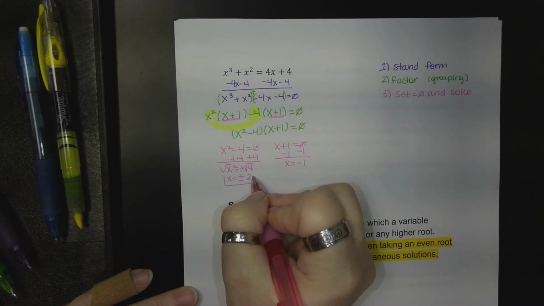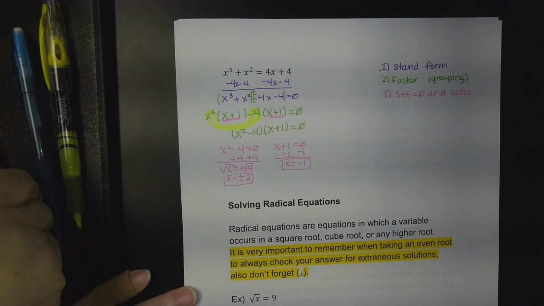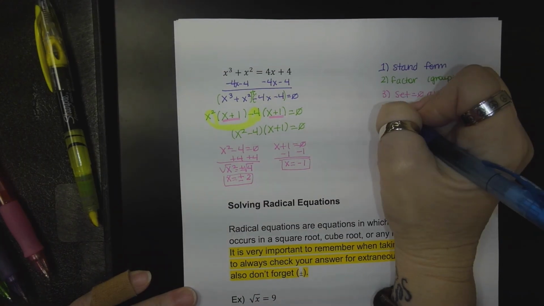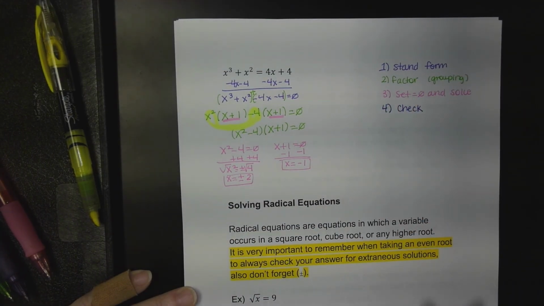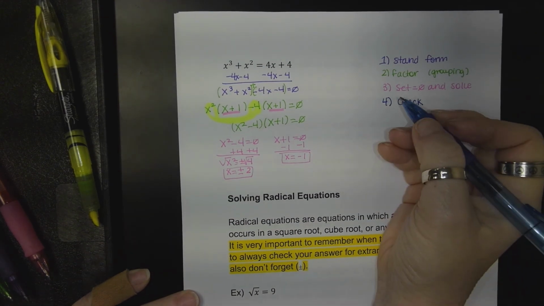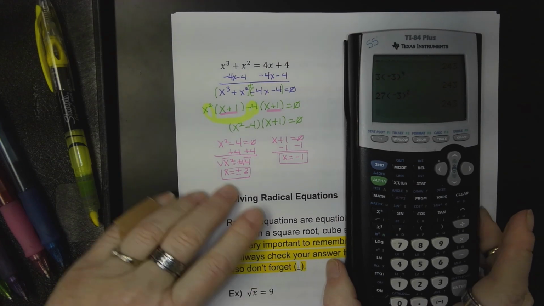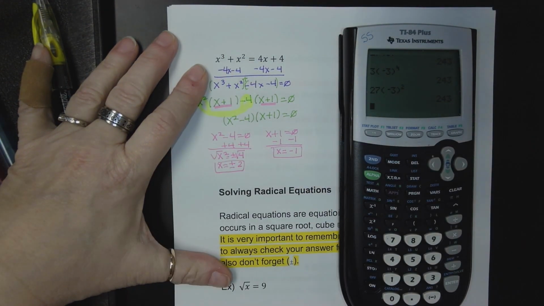So here's this answer, here's this answer. So let's check these. Do it with your calculator, that's so much easier. So let's do, well, when we plug something in, we always plug it in parentheses.